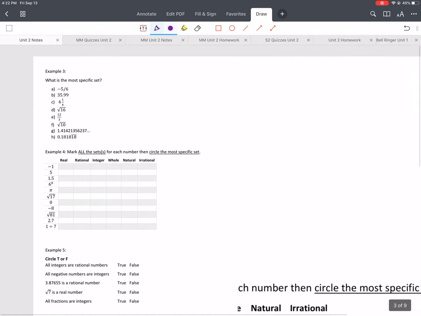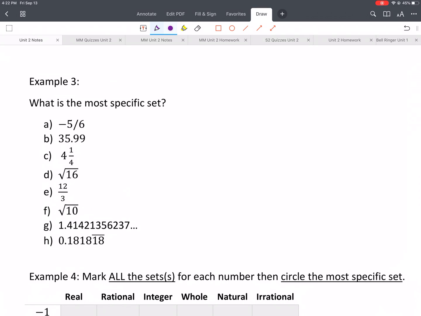Just some more examples. Pause again and see if you can write these down. Here they only want the most specific set. Okay. So the first one, -5/6. It can't be simplified, so we can't have an integer. It's going to be a decimal. If we did -5/6, that would give us, as a decimal, -0.8333 forever.